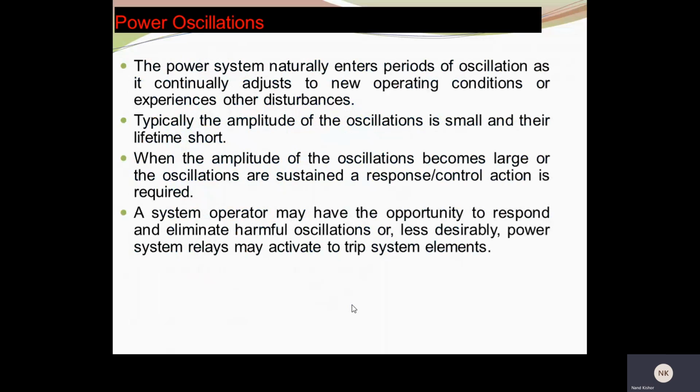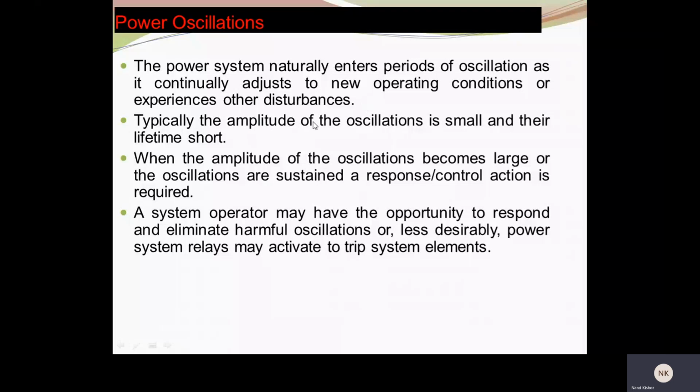So the next slide is what we call power oscillations. In fact, power systems naturally may have a few cycles of oscillations observed when we adjust to new operating conditions, or maybe when they are perturbed because of some disturbance as well.